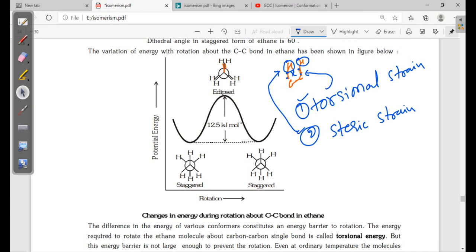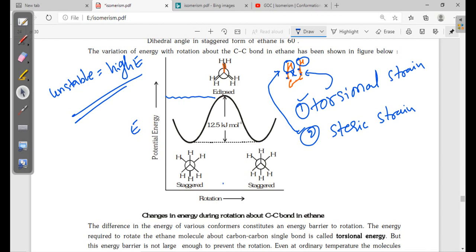Unstable always means higher energy, as in an energy level diagram. Unstable equals high energy. So eclipsed is higher energy than staggered, which is after 60 degrees.